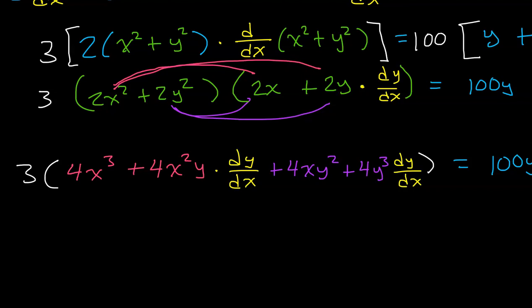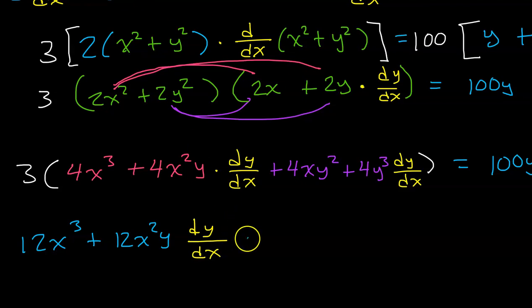So that's going to give us 12x to the third power plus 12x squared y dy dx plus 12xy squared plus 12y to the third power dy dx.